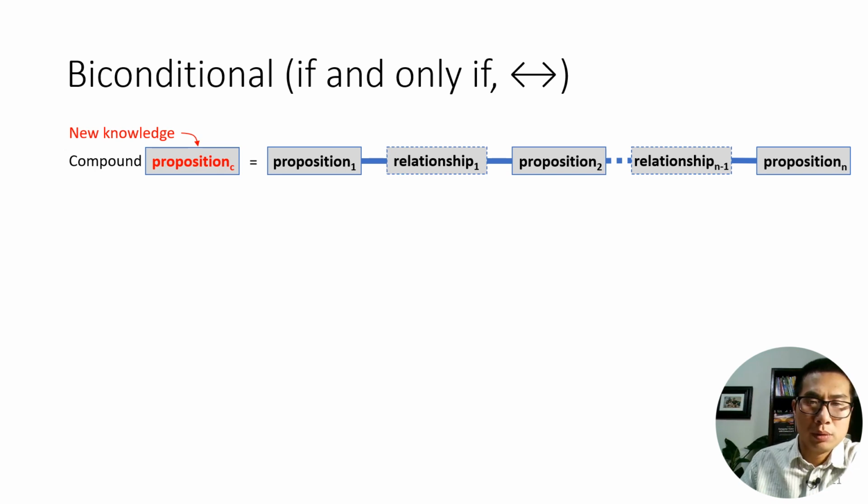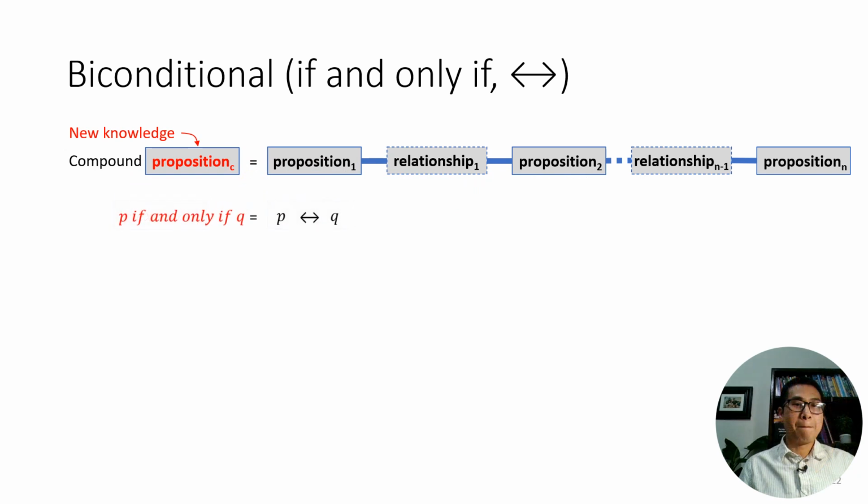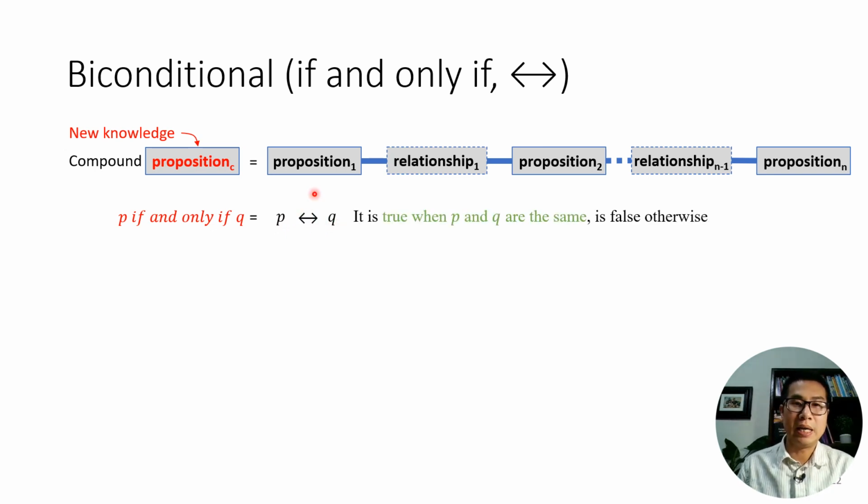The next important logical operator is the biconditional, and it is denoted like this. P if and only if Q is equal to P, this notation, Q, and it is defined as true when P and Q are the same. They have to be the same.